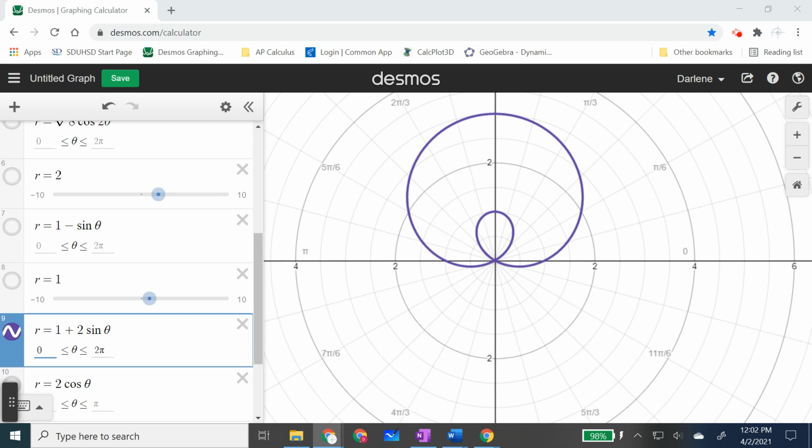Know that something is called a limaçon whenever its function has addition or subtraction with a number, and theta has nothing done to it.